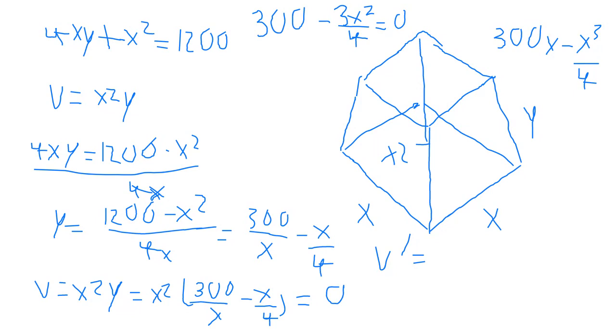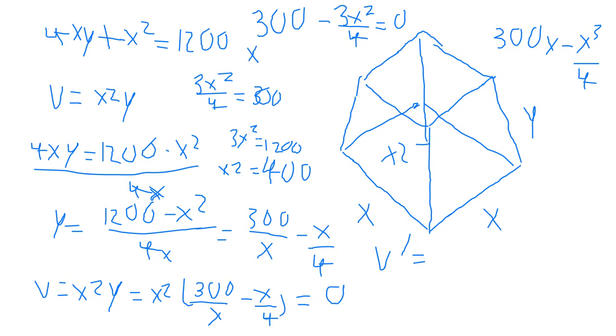If we add 3x squared over 4 to both sides, 3x squared over 4 equals 300. So x squared equals 400, and because we're solving for length, it's a positive value in this case. So our x is 20.